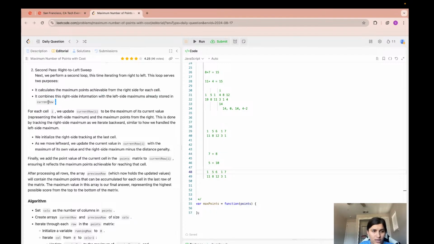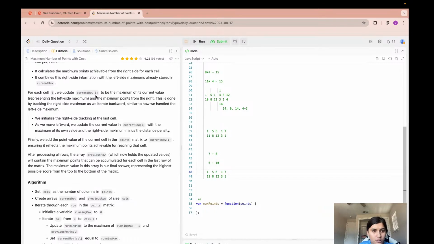Actually, this is what I did here. If you look at the video replay, this is what I did. From the left I calculated the left maximum until that point, and after that I went from the right, and then calculated for that point which one is the maximum.